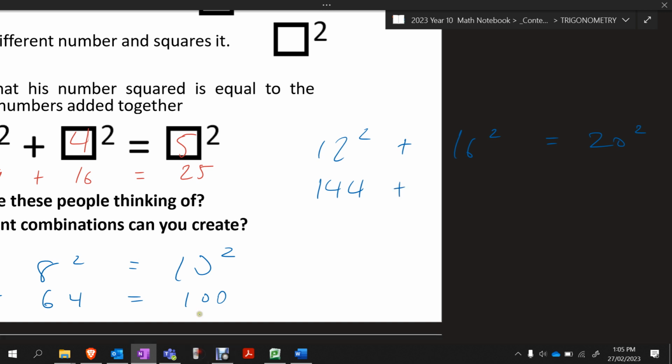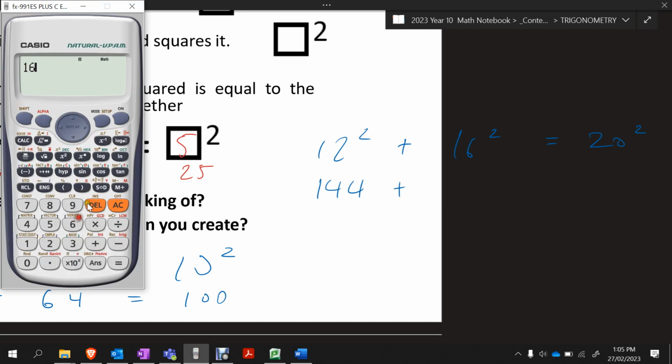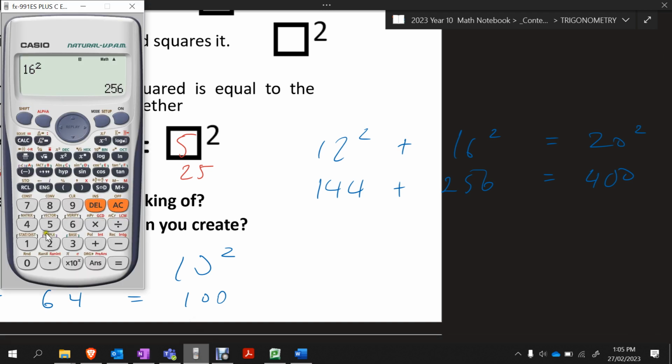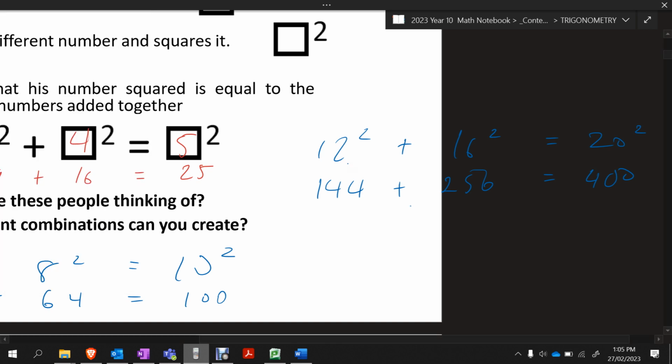Actually, I'm not smart enough to do that. 256. Okay. And what's 20 squared? Anyone know? 400. Good. So does that actually make sense? Let's have a look. 144 plus 256. Well done, Colin. Nice.